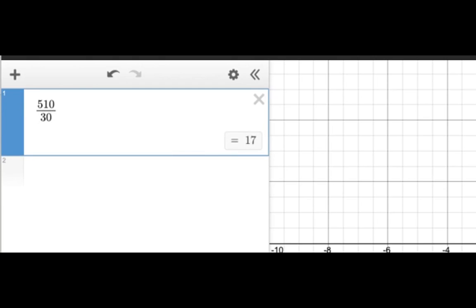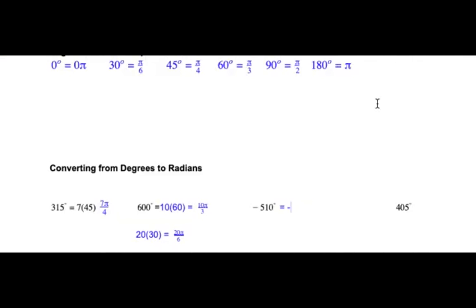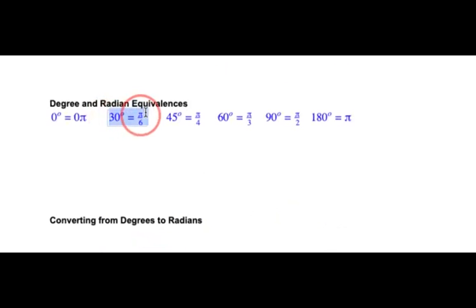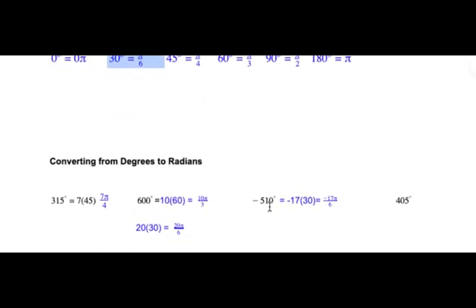And so I have 17 30s. So it's negative 17 of the 30s because the original degree was negative, which means in radian form, once I turn it into a fraction, I have negative 17 of the pi over 6, right? So negative 510 degrees is the same thing as negative 17 pi over 6.